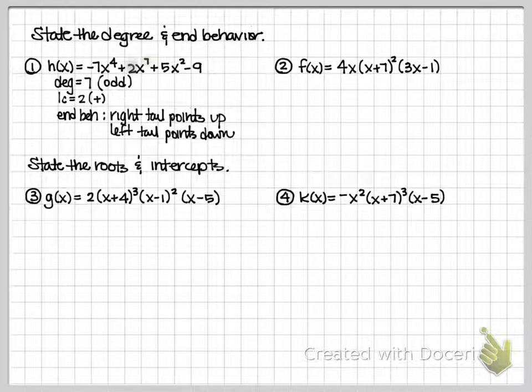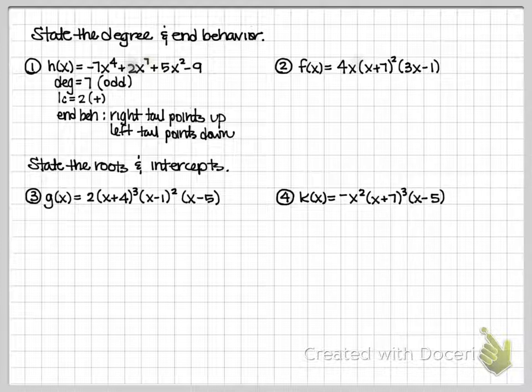Okay, moving over to the second question. I went through and I got rid of the exponent on the 3x minus 1 because I did want to talk about something that wasn't an even power. So this one we have not in standard form, it's actually in factored form. I know this because I've got multiplication happening between the x's. So what I'm going to do is I'm going to find all of the exponents that belong to the x's themselves.